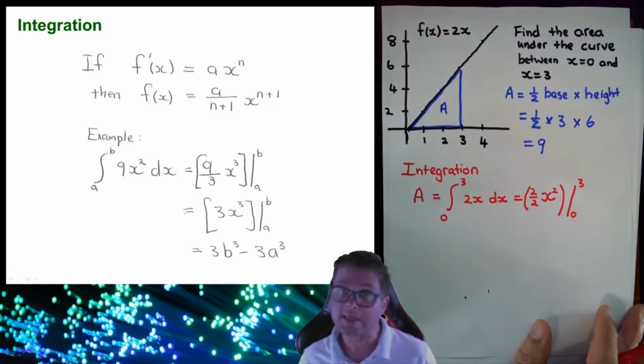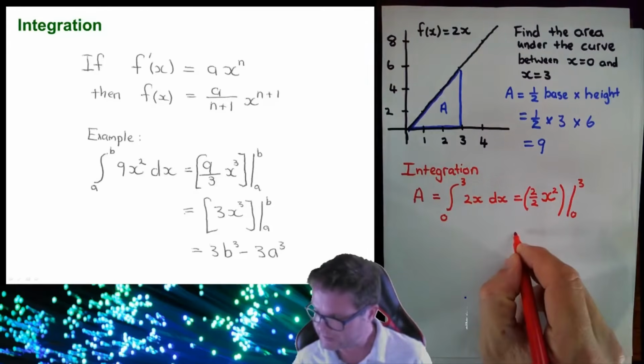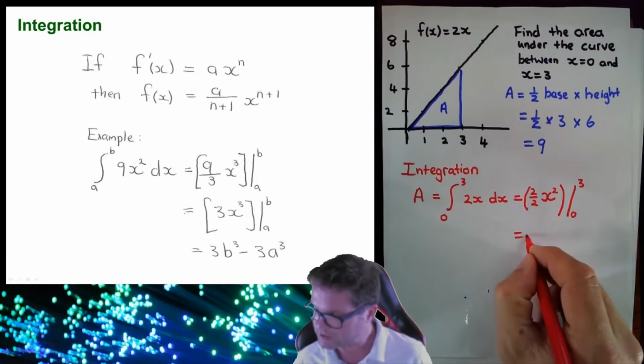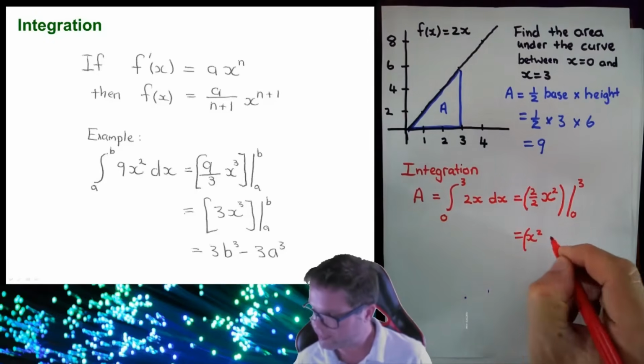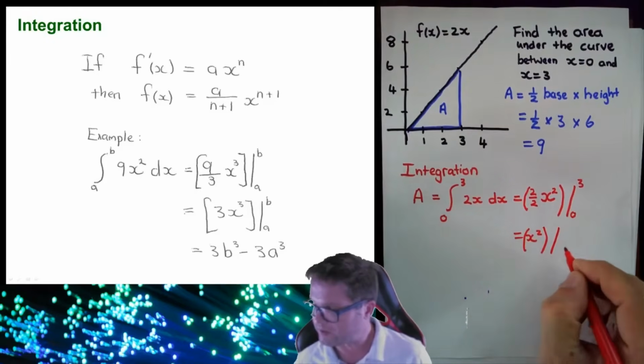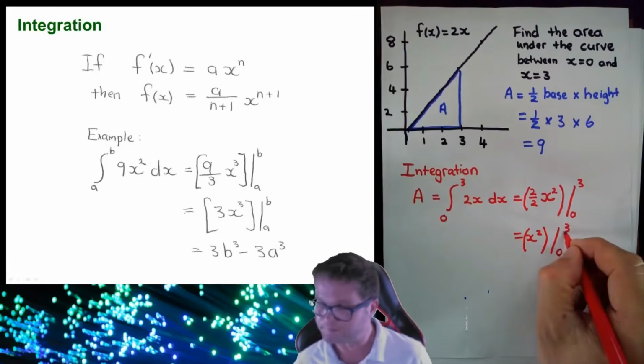In the next step, we can simply simplify this expression inside the brackets. So this is just going to be x squared, as x goes from 0 to 3.